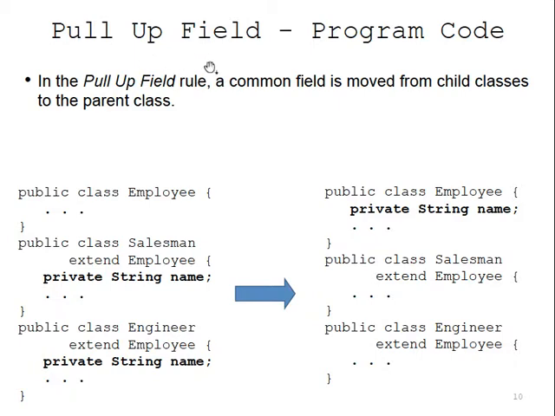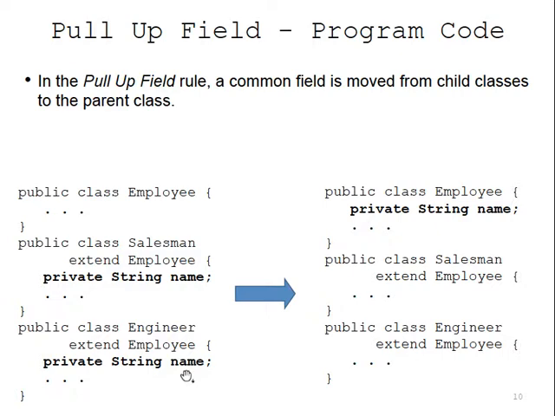I think for all the rules, people give them a name. For example, this one is called pull-up field. If we have an employee class, and underneath it there's a salesman and an engineer as separate classes, they both have a string type as name.